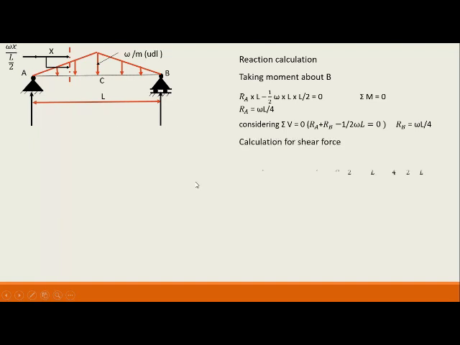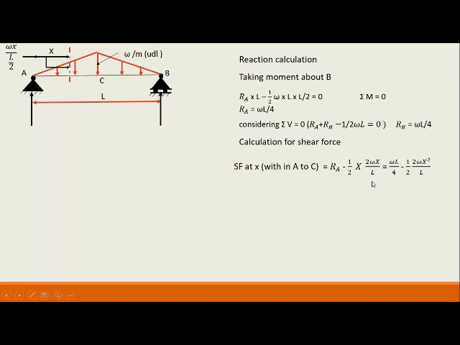Now calculate the shear force. The shear force is Ra minus the area of the triangle, because it is the intensity diagram. The area of the triangle is half base into altitude, so half into base, that is x, into altitude, that is omega x by L by 2, which is actually 2 omega x by L.